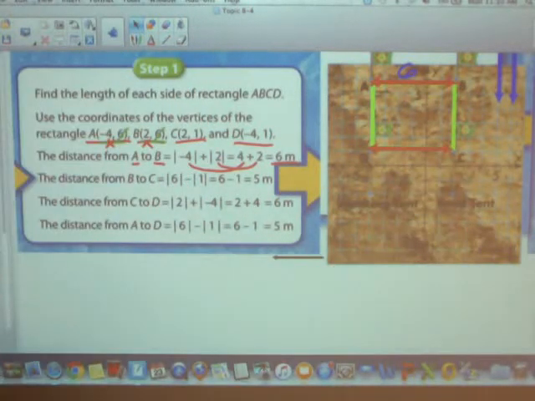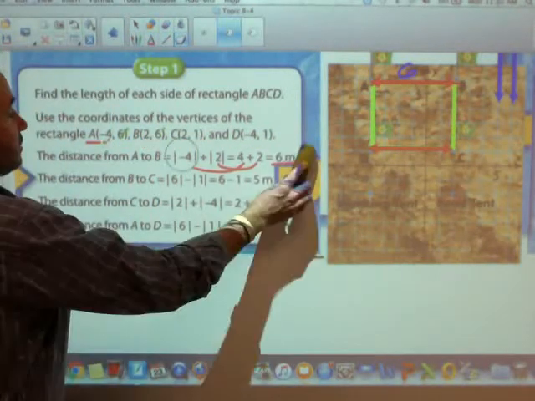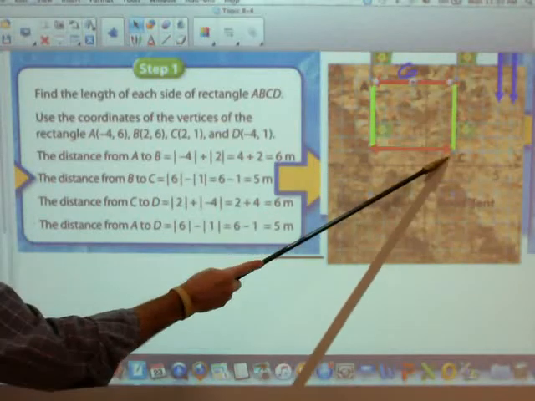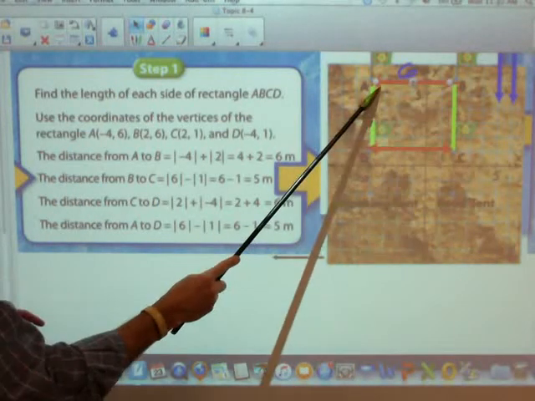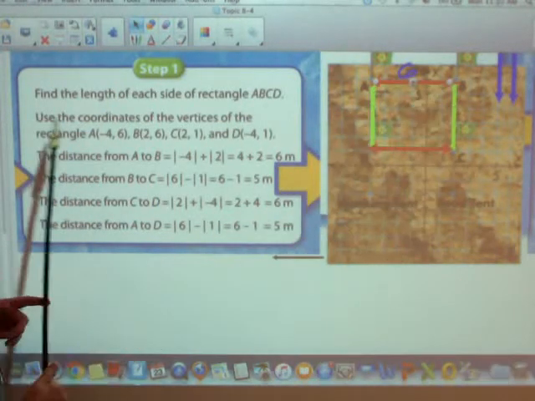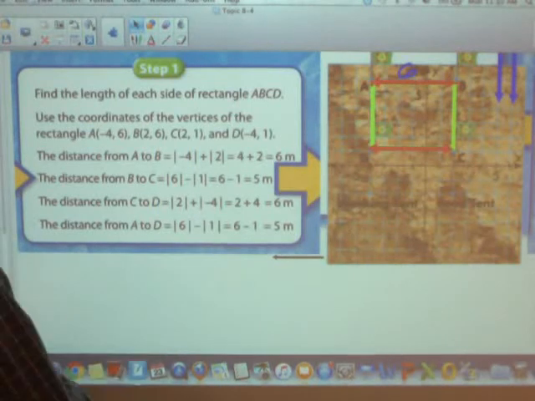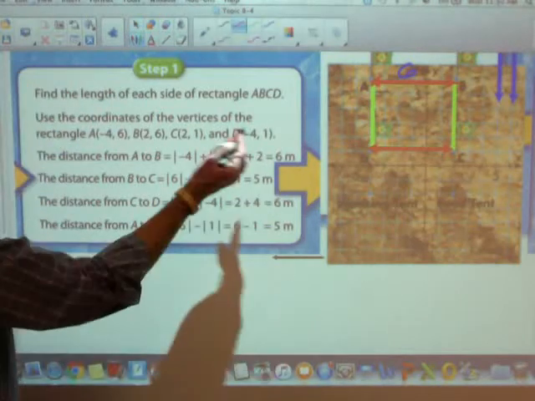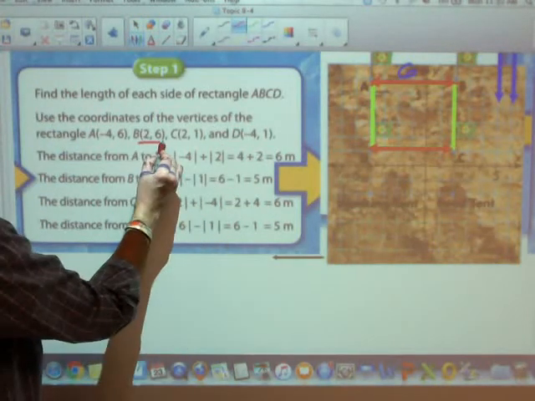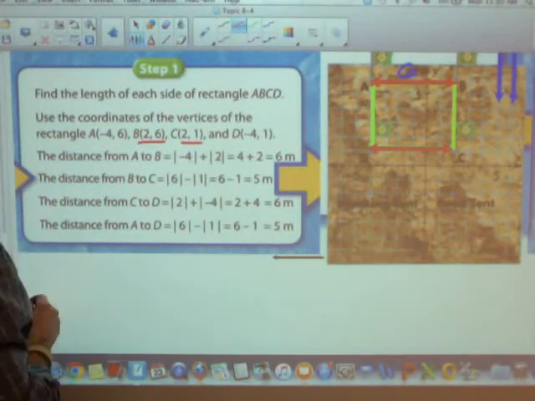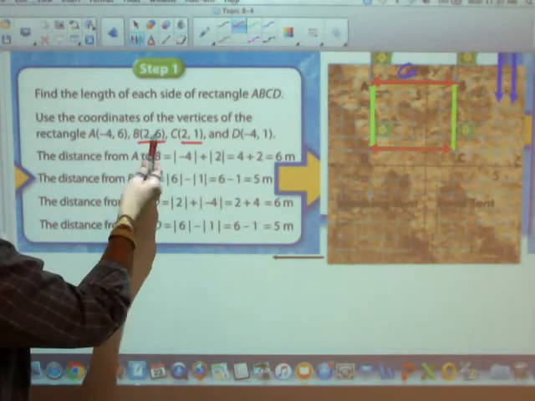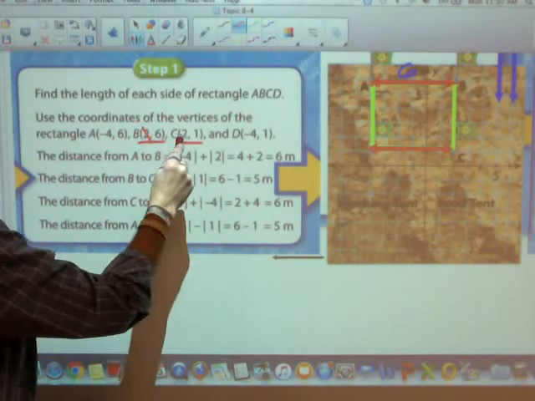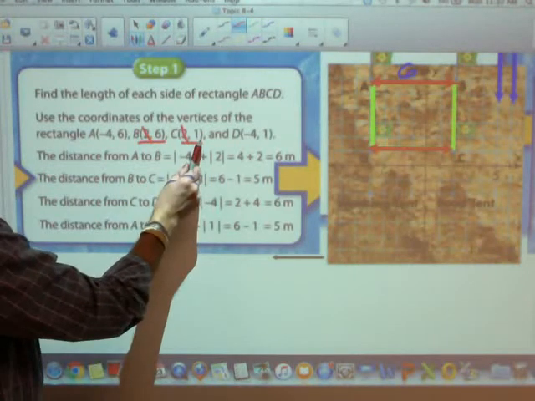Okay? So what we want to do then is ask ourselves, what is the distance from B to C? Because this is our length, and then if we know our width, we can start figuring out perimeter. So here are the coordinates for B, here are the coordinates for C. You can see that they both have 2 as the x value, so we're going to be working with the y values.